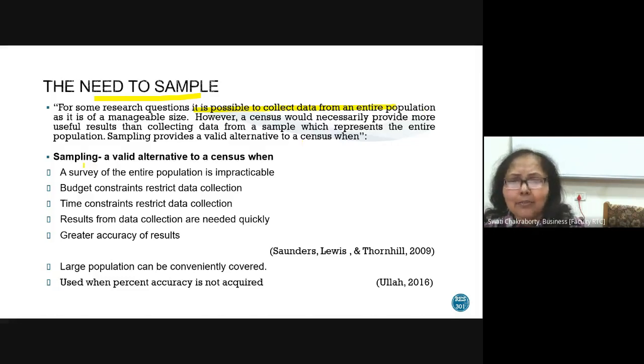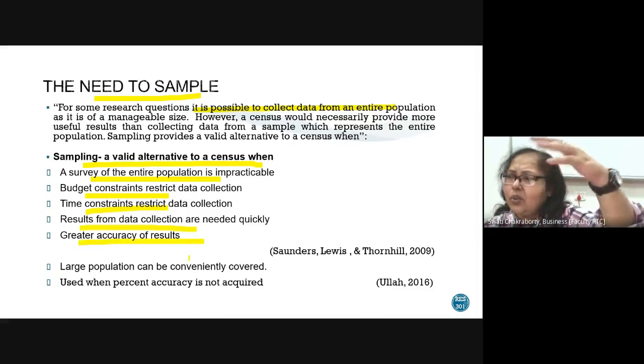So sampling can be a valid alternative to census when a survey of the entire population is not possible. It's impractical. There are budget constraints which restrict your data collection. Time constraints restrict your data collection. And results from the data collection are needed very quickly. When you want to have greater accuracy of results, right?